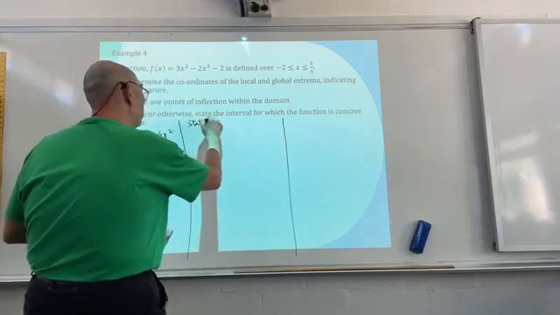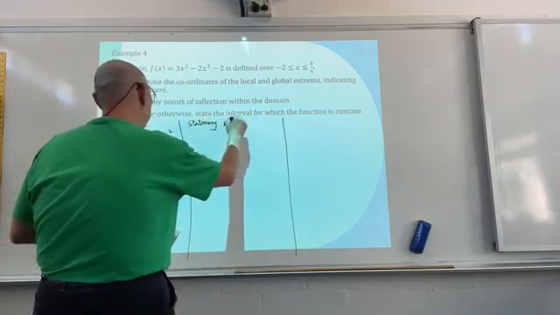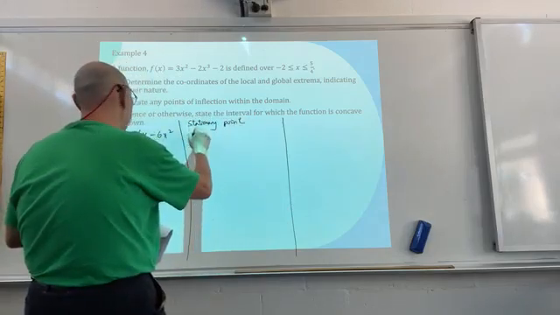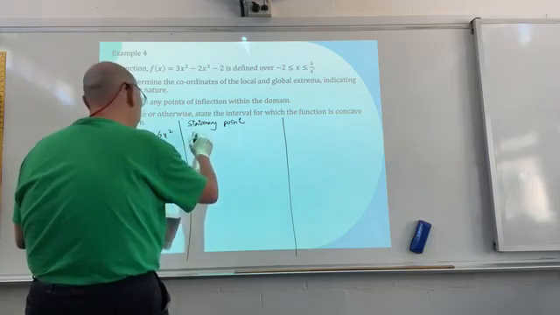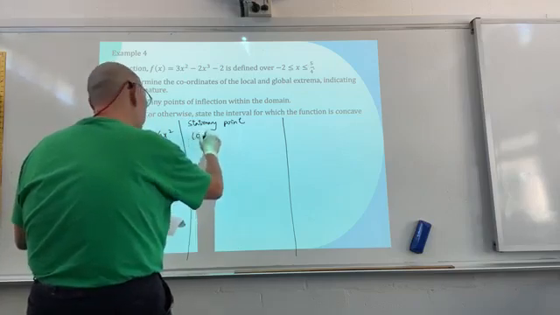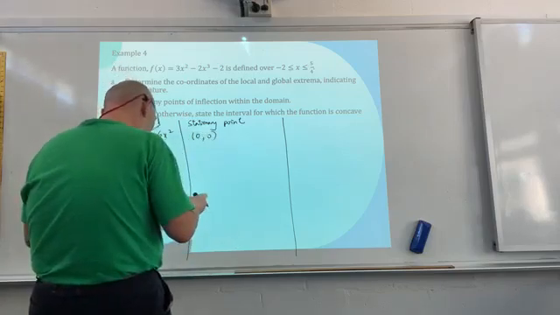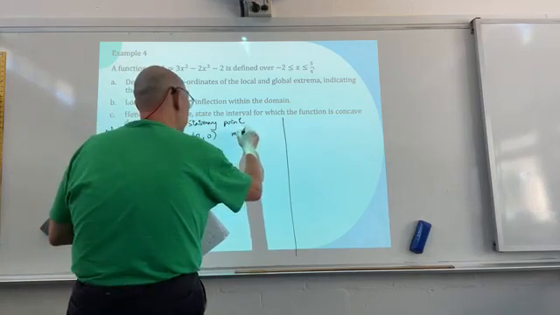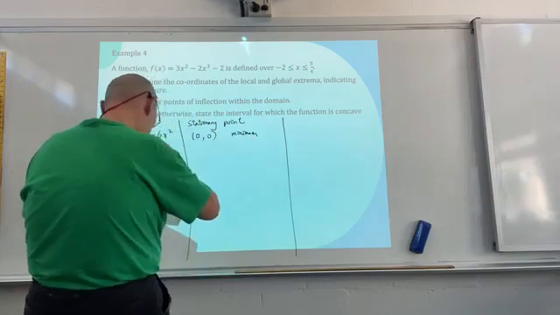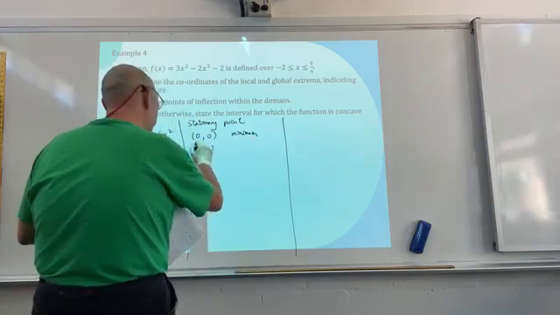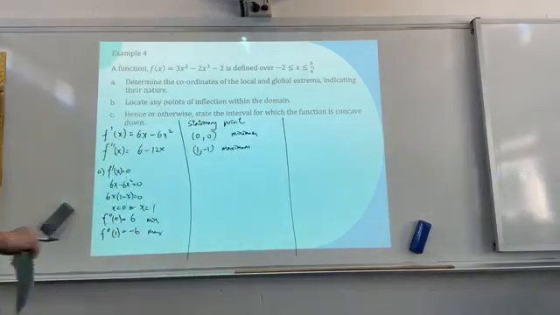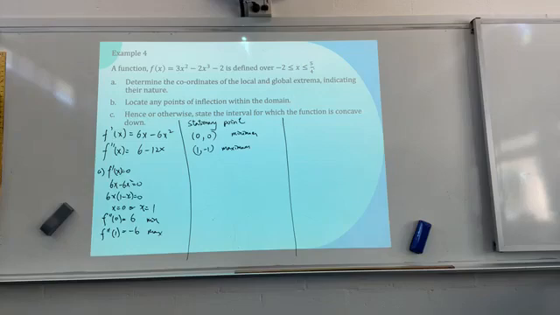I don't know if it's global though. Not between 2 and... because you just gotta check out to -2. This one as well. You gotta find the coordinates of those two. Now you can find the two stationary points.